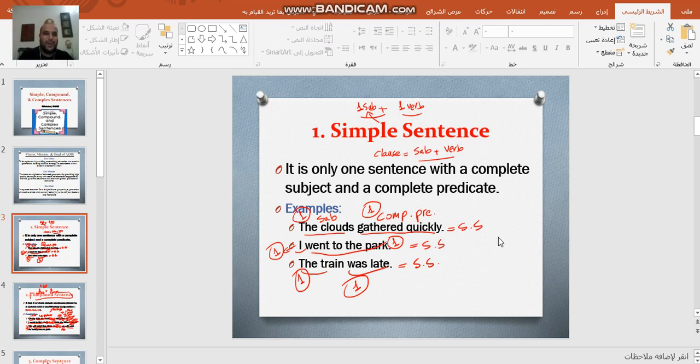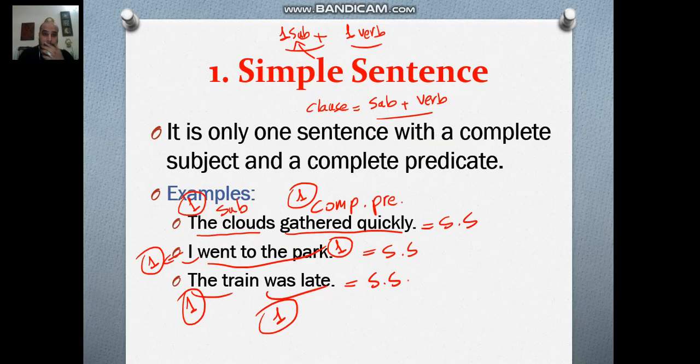So I'm going to carry on from the same point I stopped at, which is the simple sentence. I was saying that the simple sentence is a sentence that has only one subject and one verb. Only one subject and only one verb. It doesn't have more than one subject or more than one verb.